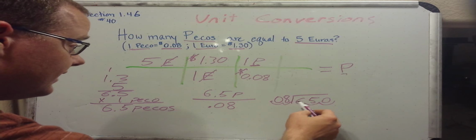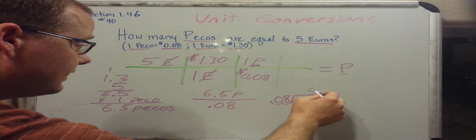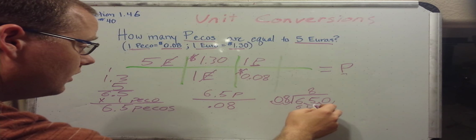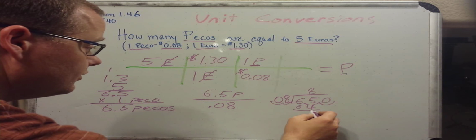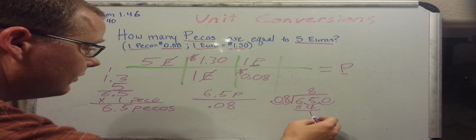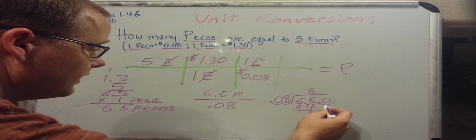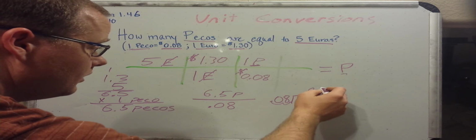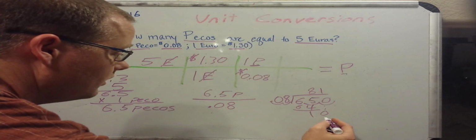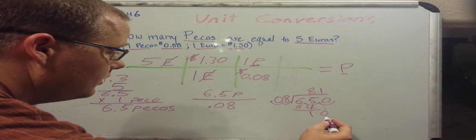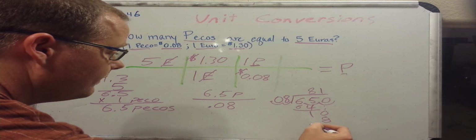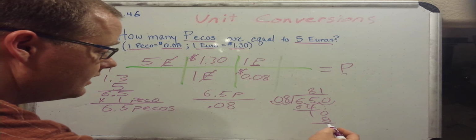8 goes into 65 8 times, and that's 64. So subtract that, we have 1, carry down the 0. 8 goes into 10 1 time. So that's 8. 10 minus 8 is 2.